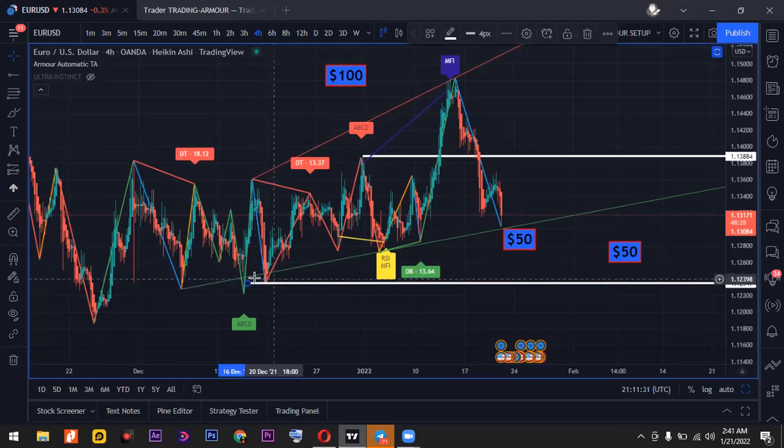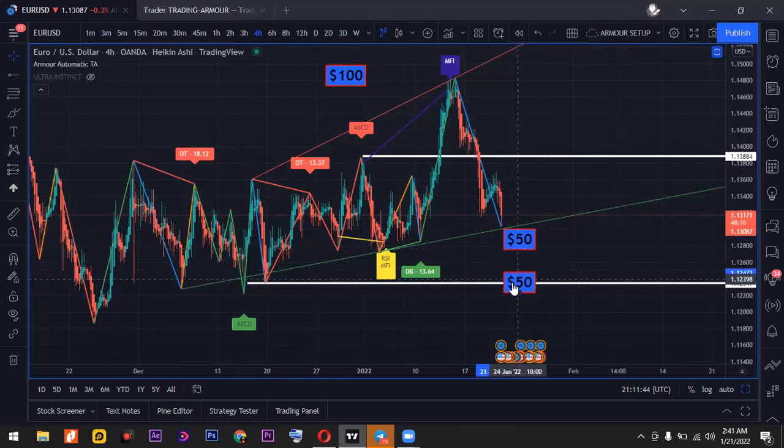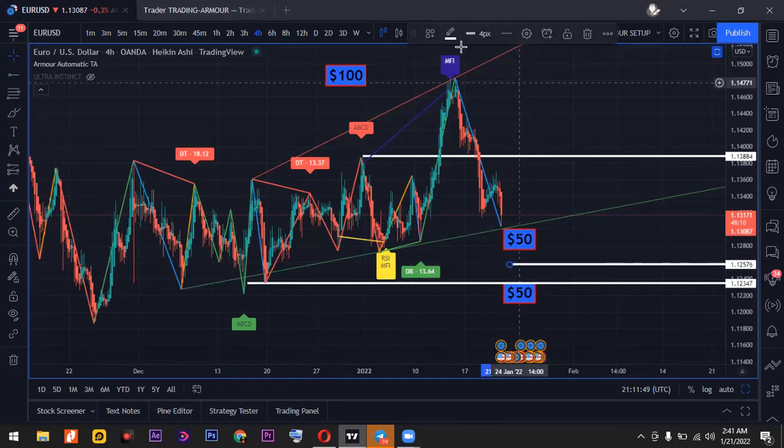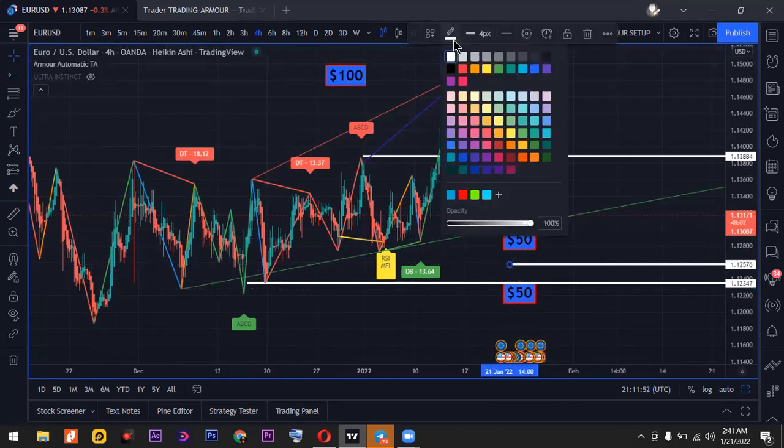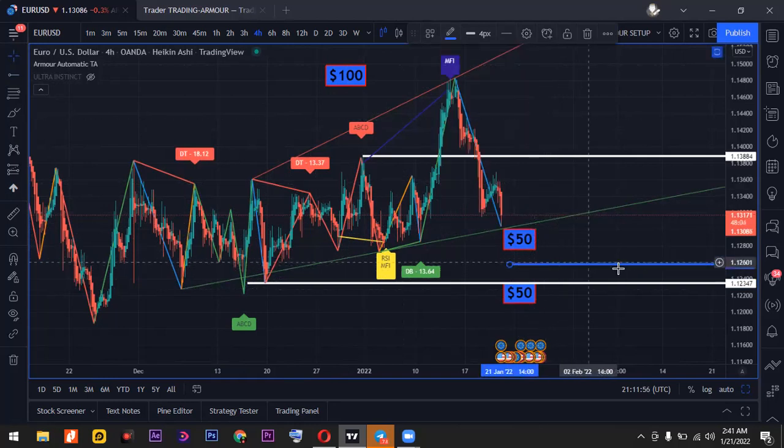People put so many buy orders right here because it bounced back so much higher from this price. So if this support is broken, we add our $50 here. And now our average buying price shall be here. Look, this is our average buying price, which is 1.125. We invested here.